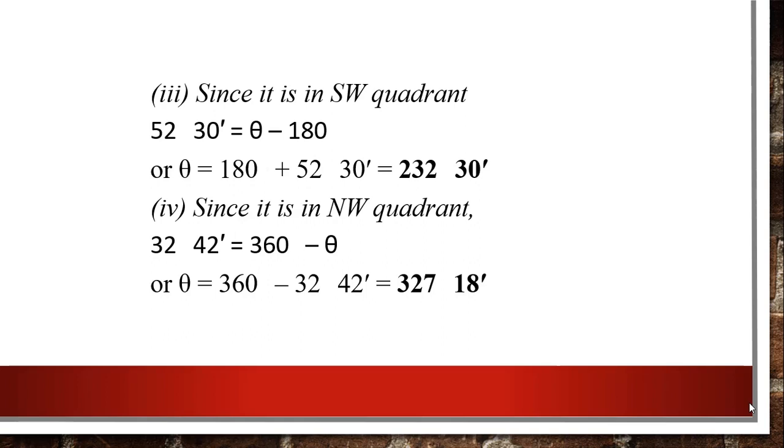Now, for the fourth solution, since it lies in the northwest quadrant, that is 32 degree 42 minutes northwest, to obtain the whole circle bearing you have to deduct the RB value from 360 degree and you will get the whole circle bearing as 327 degree 18 minutes. So, this is the overall conversion of RB to WCB. In this way, you have to carry out the solution.